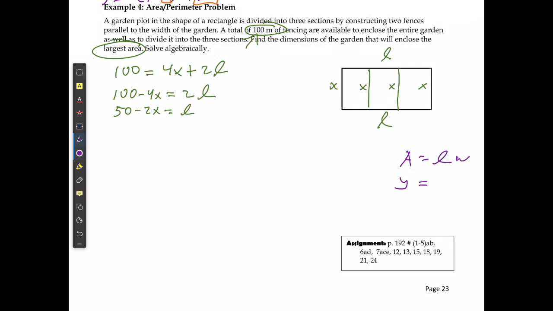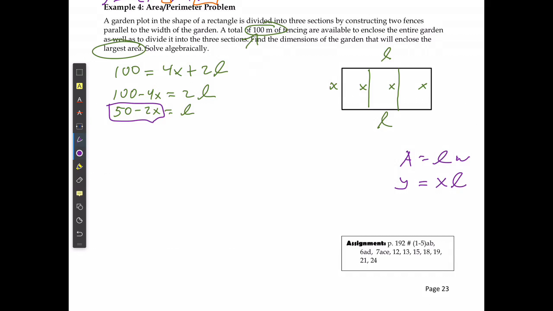Well, I'm not going to say X times L because suddenly I have too many variables. But if I use the perimeter or the amount of fencing that I used, I can isolate L so that L is represented by how many X's it is going to be. In this case, L is represented by 50 minus 2X. So I'm just going to substitute that in.